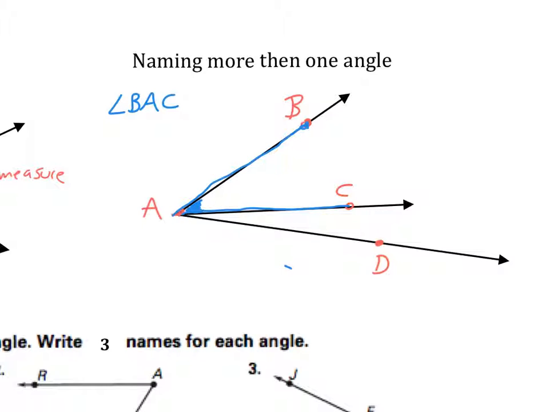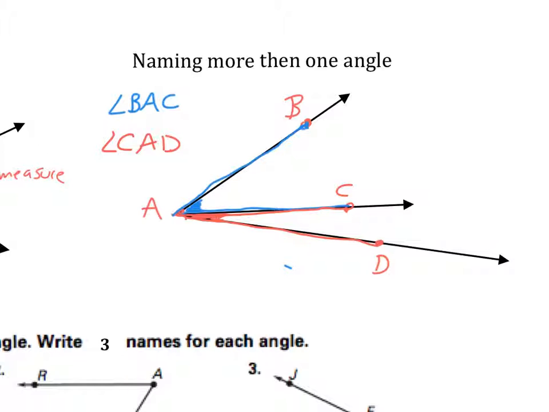We could also reverse the letters, and we could call it angle CAB. Starting here, bounce off A, going to B. All right, another one here. This itty-bitty angle inside there, that has the angle name of angle CAD. Starts at C, bounces off A as a vertex, and goes through D. Again, you can flip that to call it angle DAC.